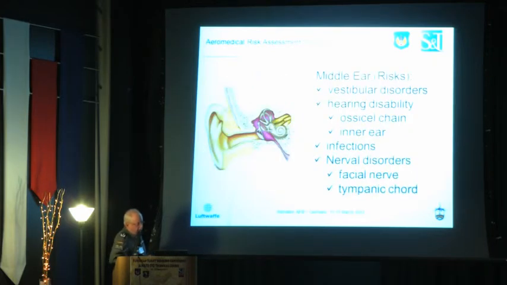And you have to account for the risks: vestibular disorders, hearing disability caused by problems with the ossicle chain, or damage to the inner ear by infection or operative side effects, nerve disorders, especially of the facial nerve or the chorda tympani.